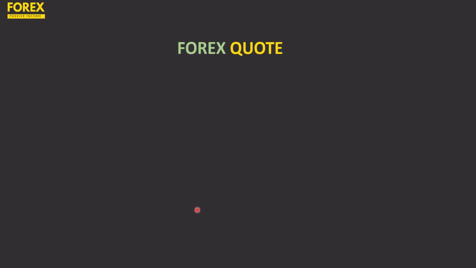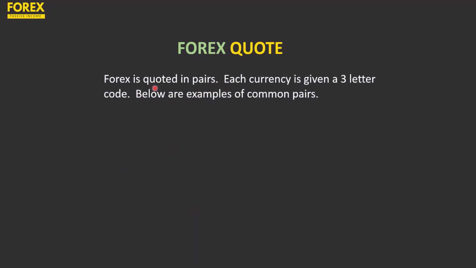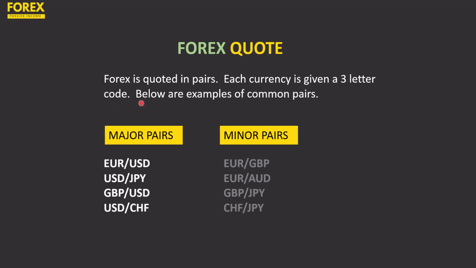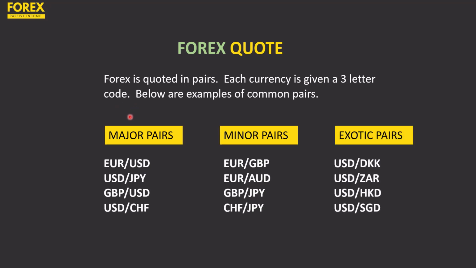Now in the basics, we're going to start with how Forex is quoted. That's the Forex quoting system. Forex is quoted in pairs. Each currency is given a 3-letter code. Below are examples of currency pairs.